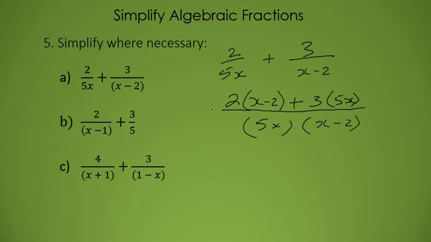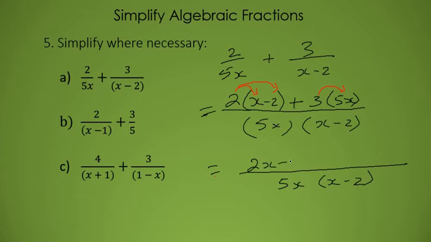All right, so clearing up all that side work and simplifying the numerator, we have 5x times x minus 2 as the denominator. And we want to distribute, using the distributive law, the 2. So 2 times x will give us 2x, and 2 times negative 2 will give us negative 4, while 3 times 5x will give us 15x.